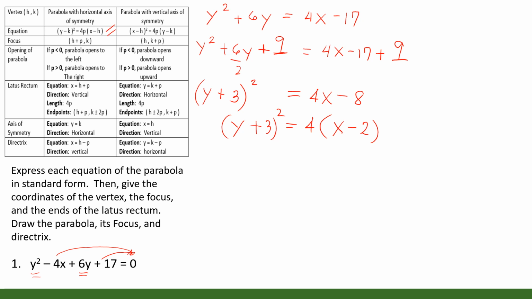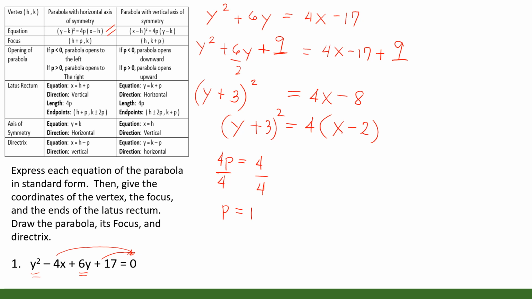Now, solve for p. Kagaya ng ginawa natin kanina. In this case, 4p is equal to 4. Divide your equation by 4. P here is 1. Okay? Now, look for h and k. So, our pattern is y minus k. But in here, we have y plus 3.